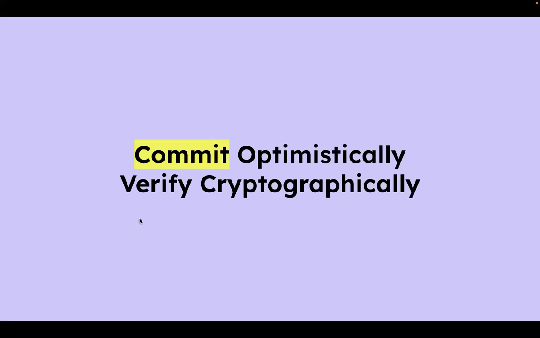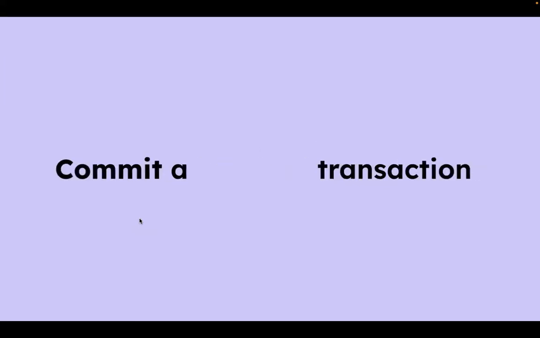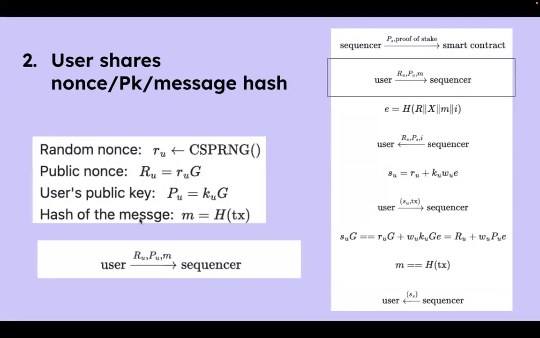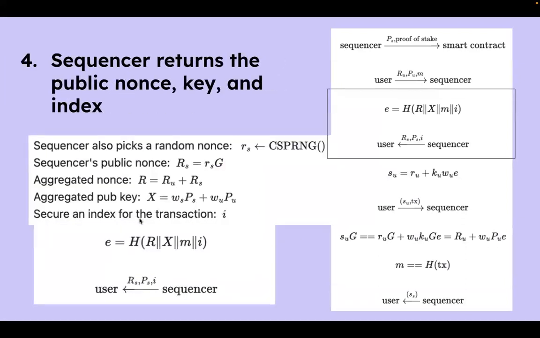So when the user wants to submit a transaction, the user submits the basic data, and then the sequencer gives back the index to complete the signature together.